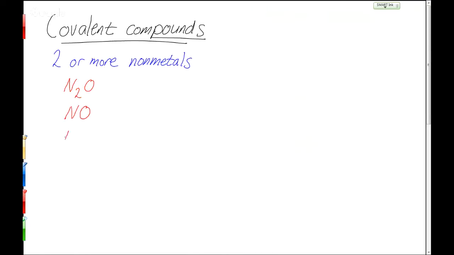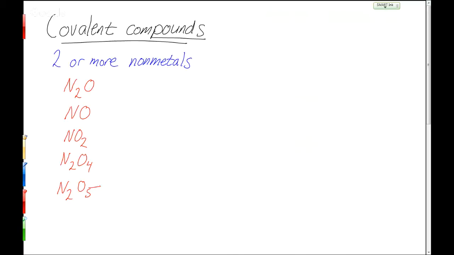You can have NO, you can have NO2, you can have N2O4, N2O5. Those are all known compounds. So none of the ways of naming things that we've talked about really fit here because we can't just call it nitrogen oxide or nitrogen 1 oxide or nitrogen 2 oxide because there's just different numbers of everything.